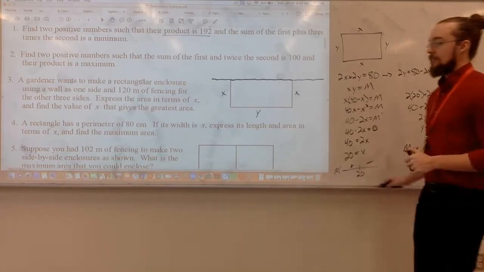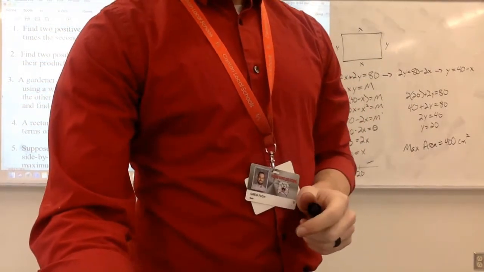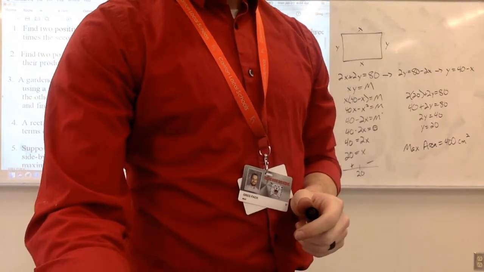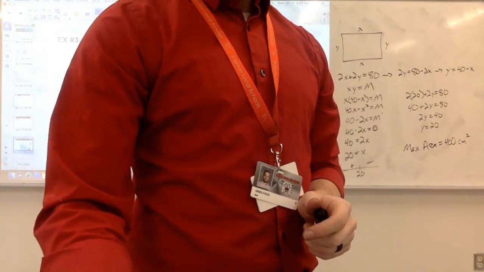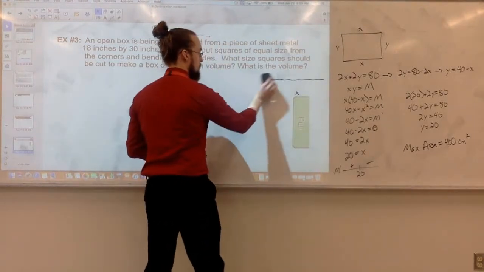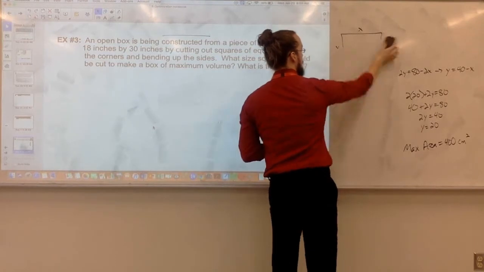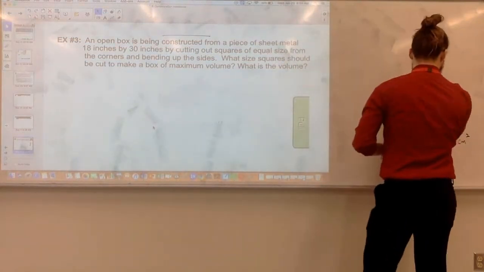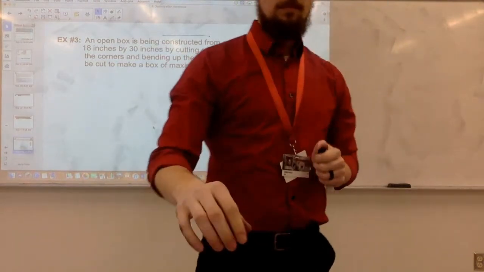Alright, then let's go back to those notes we were working on Thursday. I think we left off on 3. We got the first equation. That's about all. It makes no sense.